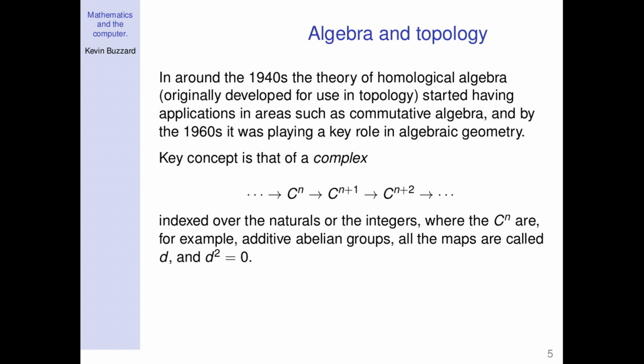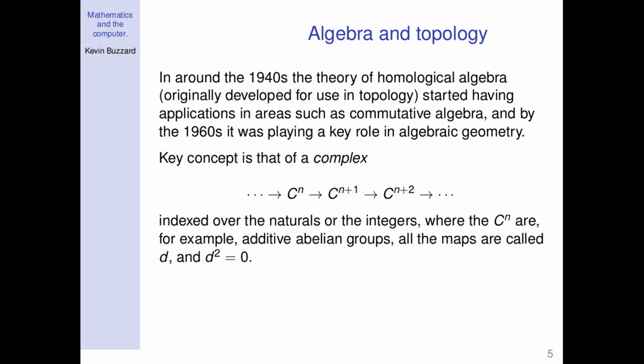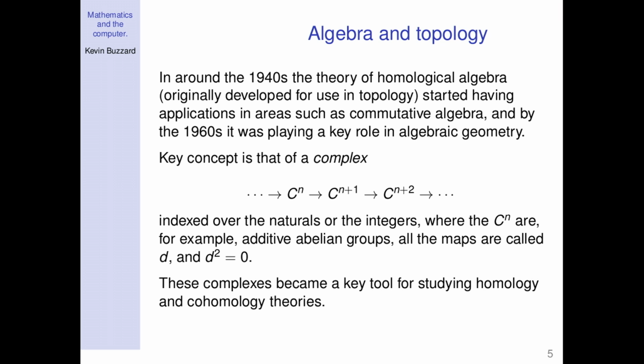There are maps from C_n to C_{n+1}, or sometimes maps from C_n to C_{n-1}, depending on if you're doing homology or cohomology. And all the maps are called D. Sometimes, if people are being careful, they might put D_n at the beginning, and then two slides later they just call it D. So all the maps are called D, and the axiom is that D squared is 0. That's somehow the key gadget, this idea of a complex.